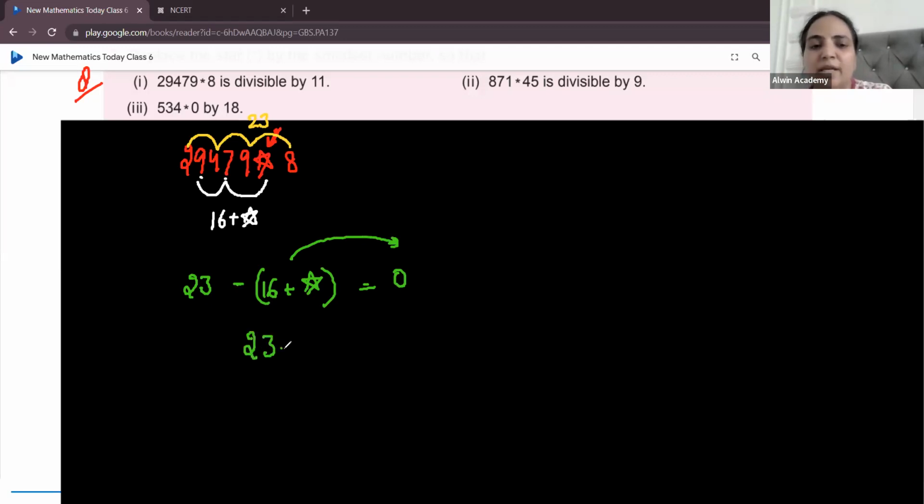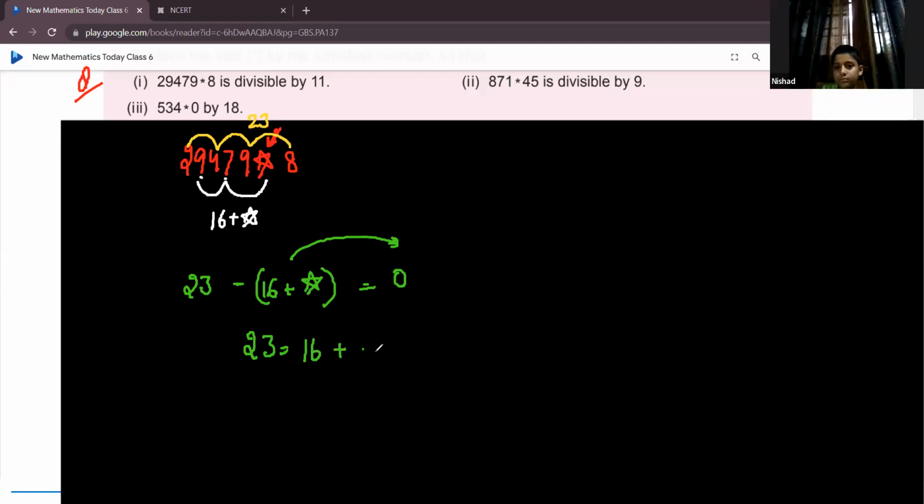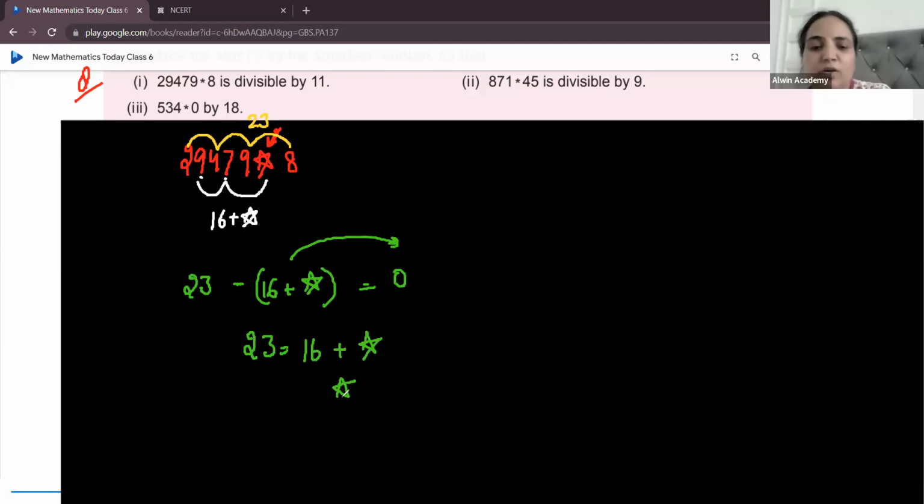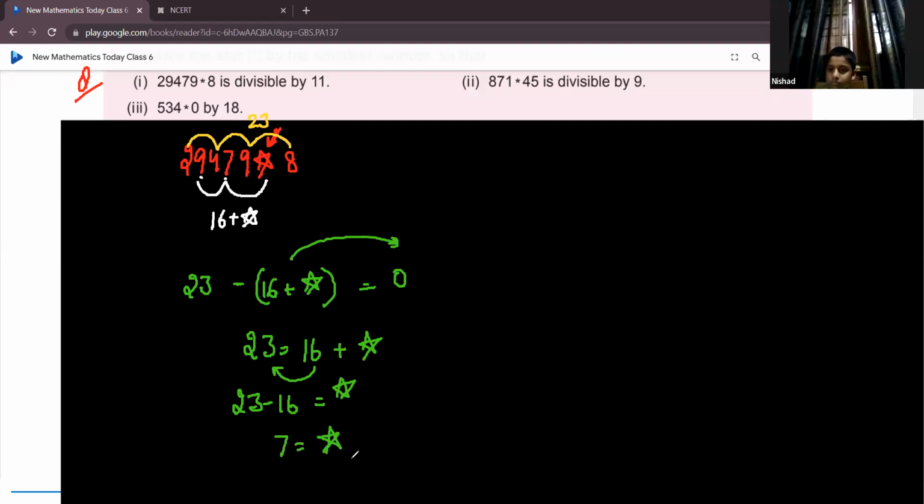So it will be 23 equals 16 plus star. Now to get the value of this star, you transpose this 16 and subtract from 23. What is the difference of 23 and 16? That is 7. Right, beta ji? So the value of star is 7 here.